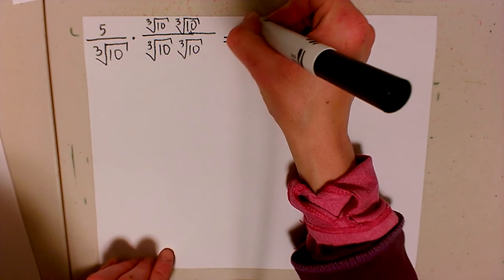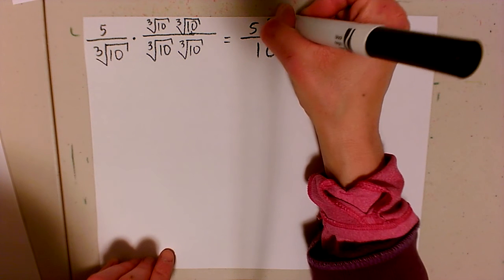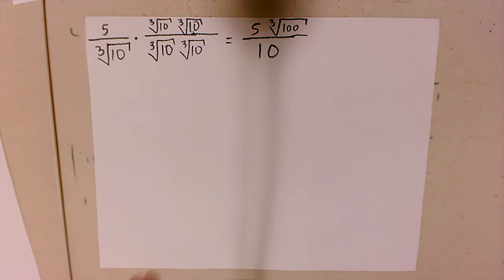Up top, we'll have 5 times the cube root of 100, and I don't think we can simplify the cube root of 100. No, we can't. But actually, that's not as far as we can go.